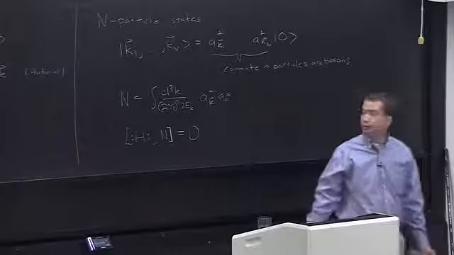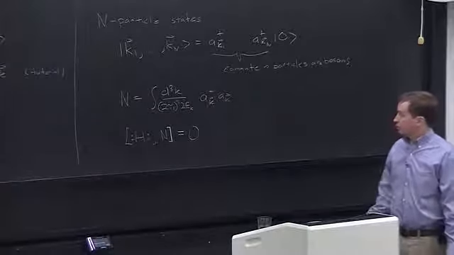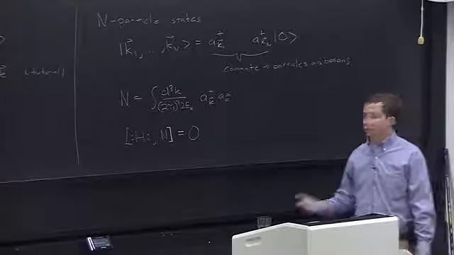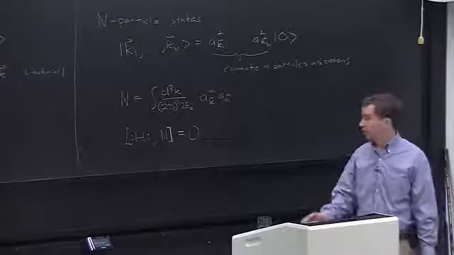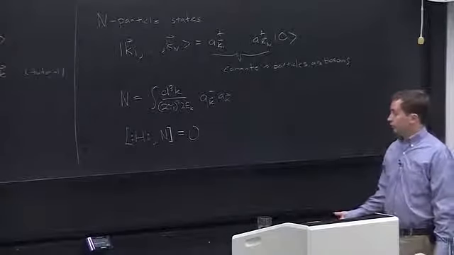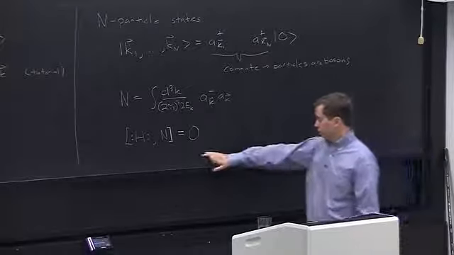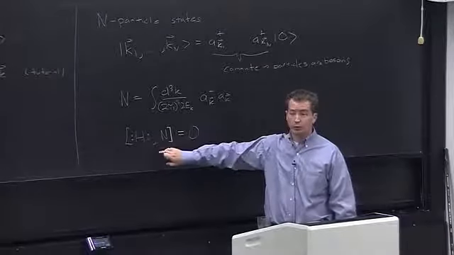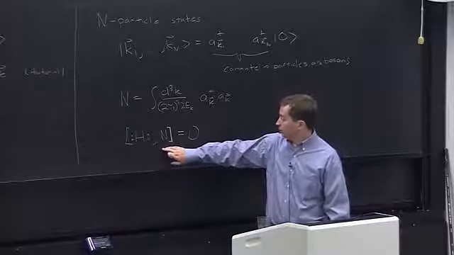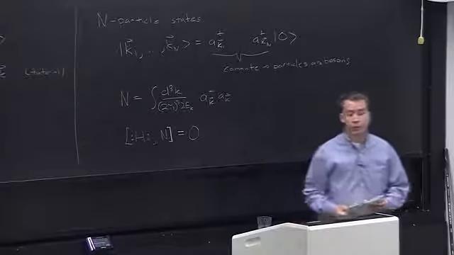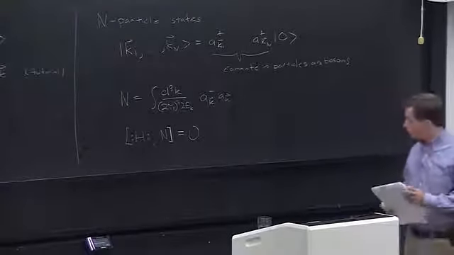One of the goals that I stated at the beginning of yesterday's lecture was for QFT to be able to describe processes in which particle number is not conserved. So here we've written down a quantum field theory that conserves particle number.